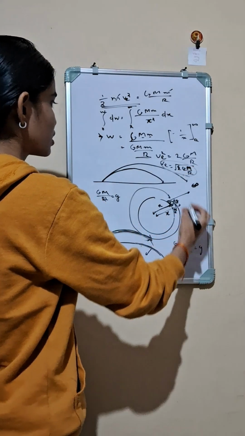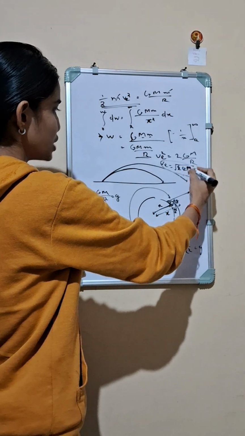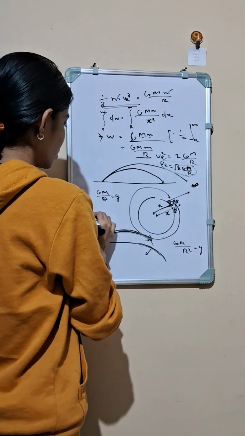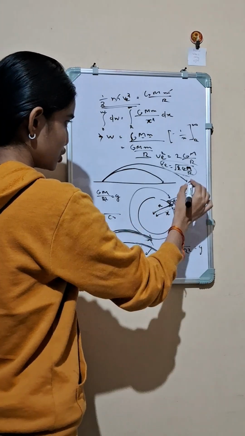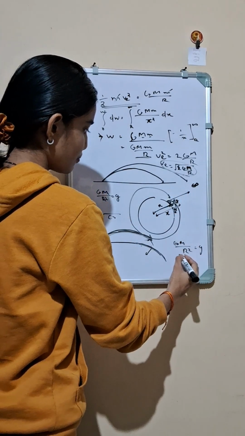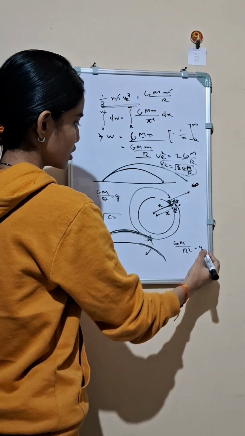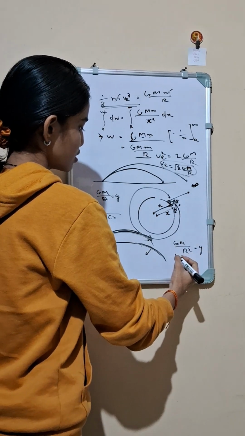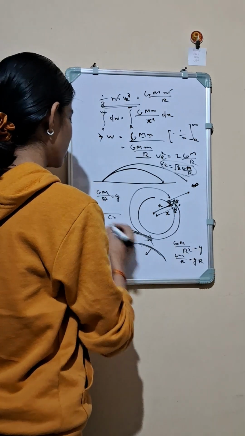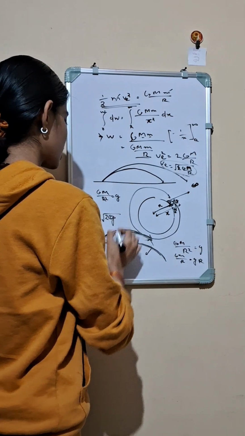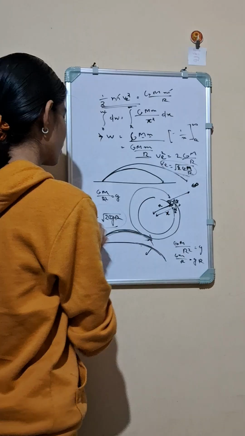So here we can put small g instead of GM by r, taking one r to the right hand side, GM by r equals gr. So we can say that the escape velocity for Earth is under root 2gr.